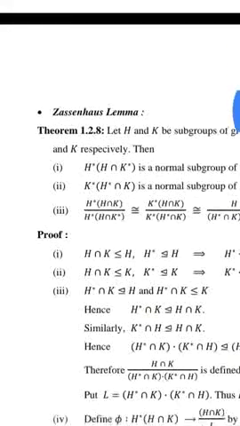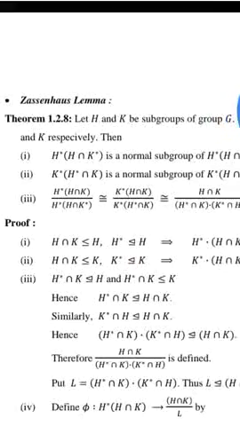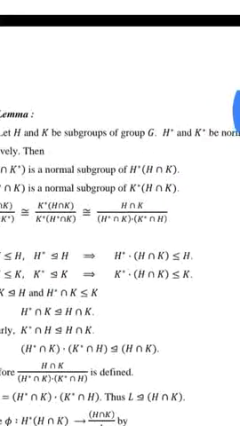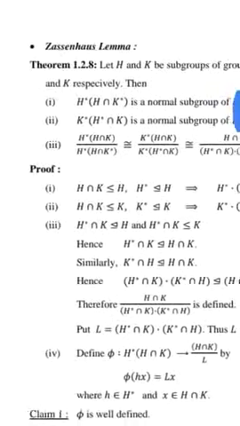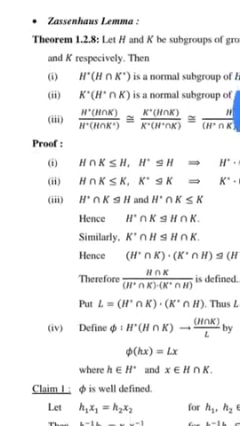Thus the lemma. Let H and K be subgroups of G, and S* and K* be normal subgroups of H and K respectively.